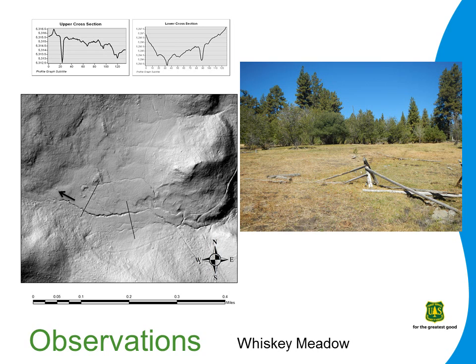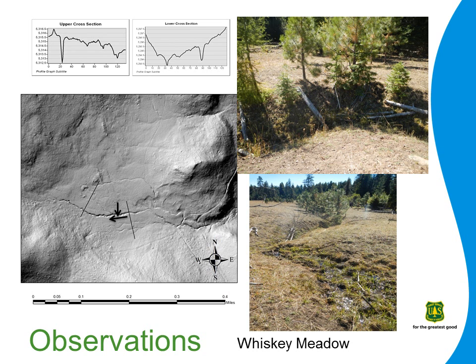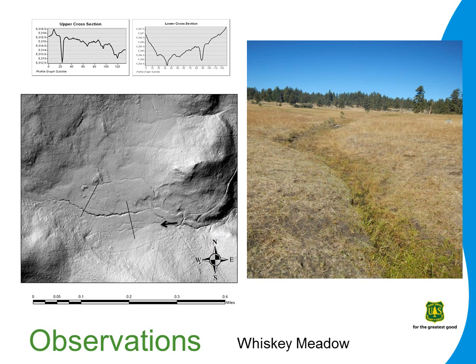Decadent older willows dominate this spring, but lack younger age classes. More photos of channel incision, lowered water tables, dried out meadows, and encroached pine stands taking over the meadows. The bottom of this meadow shows more gullies and channel incision, loss of water storage, and an overall decrease in wet meadow habitats.